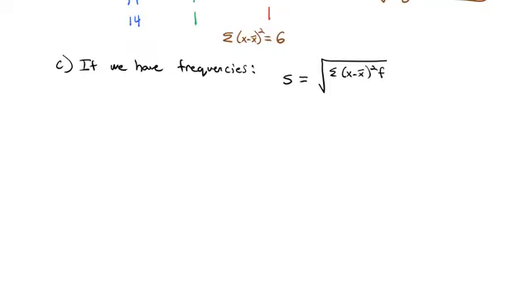But before we take the sum, we have to multiply by the frequency and then divide by n minus 1. So let's take a look at an example where we do it with frequencies.